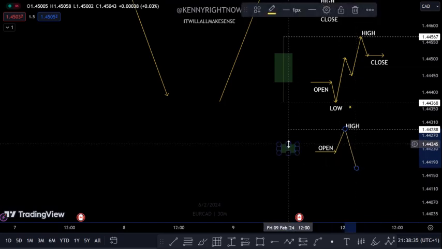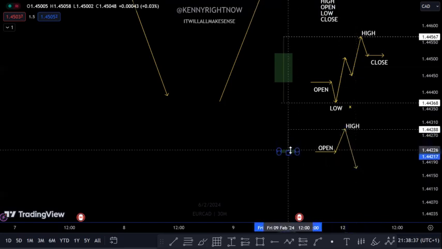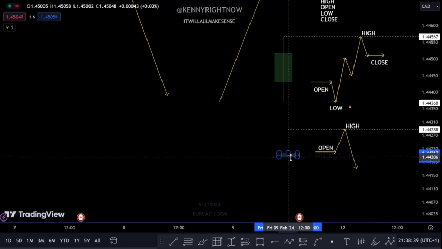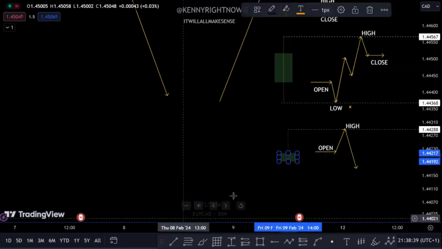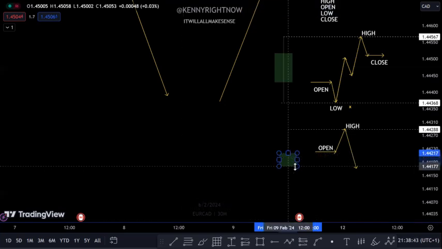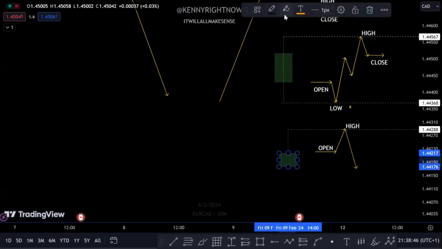But now what if price starts falling below the open like this? What's going to happen to the candle? The candle is now going to switch to a bearish candle, right? Right here, I can see that this now is going to be a red candle.